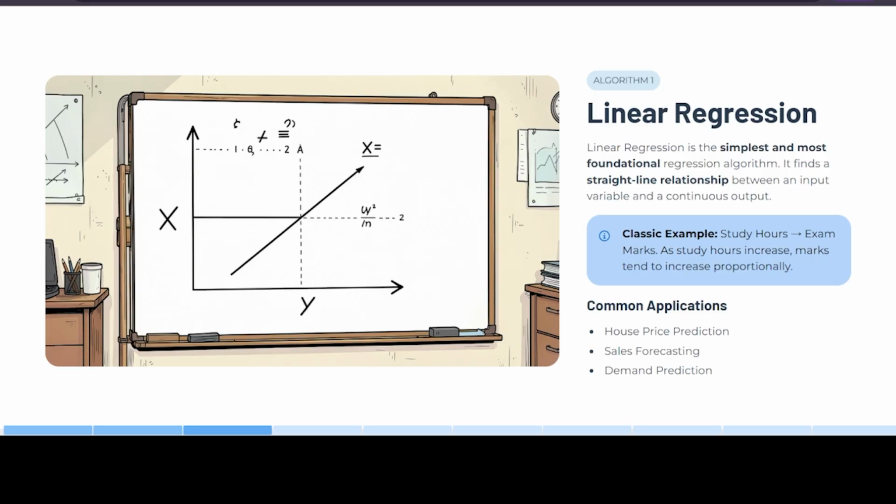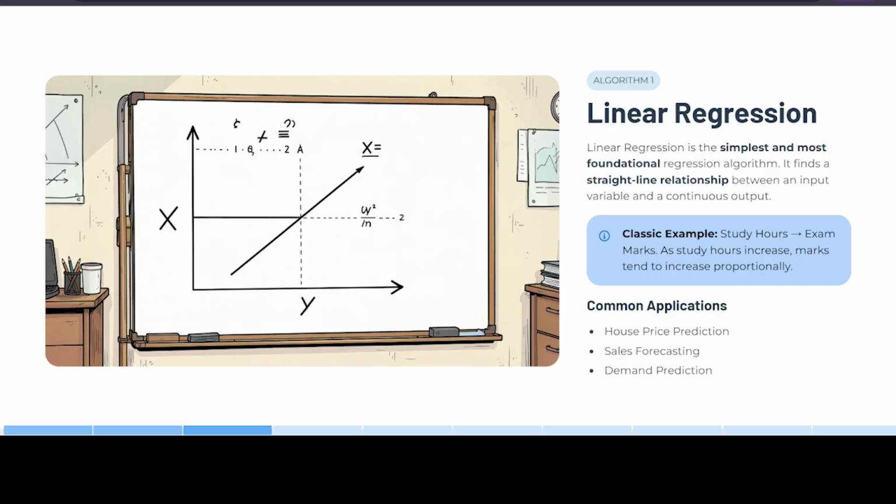Another student, student C, studies for 6 hours a day and scores about 90% of marks. Can you see the pattern? As study hours increase, marks also increase. That is the pattern.